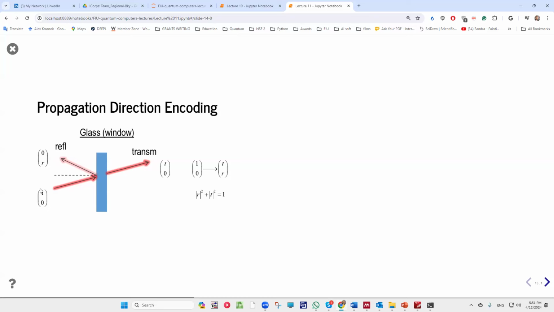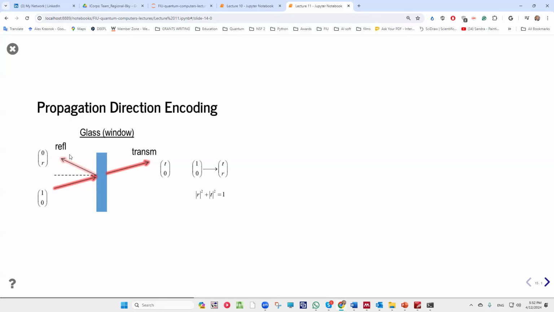For example, the first term in this vector says the direction of transmission. The first one is transmission from left to right, and the second one is transmission from right to left. So you can encode this information, this state, in the superposition of two states.